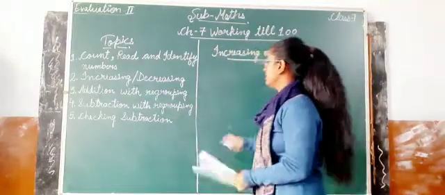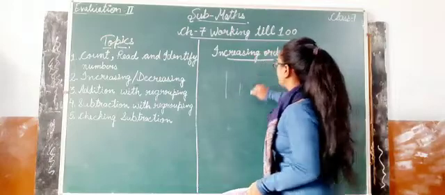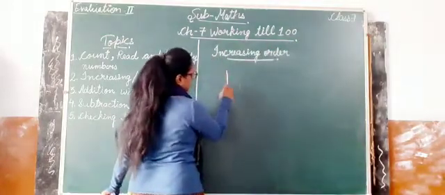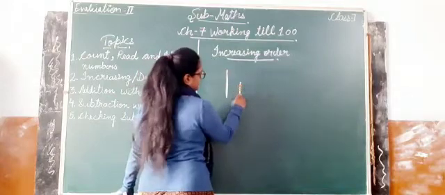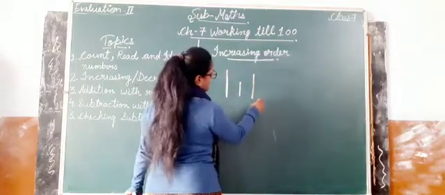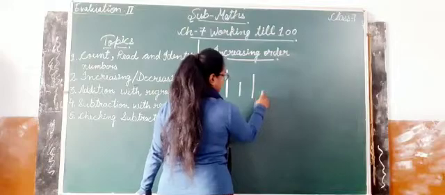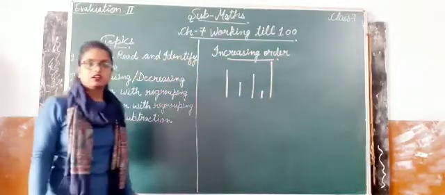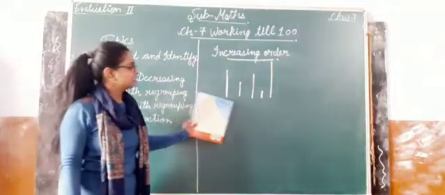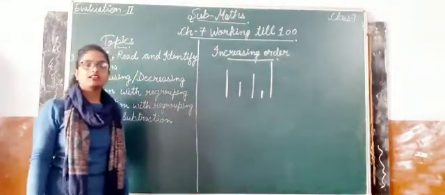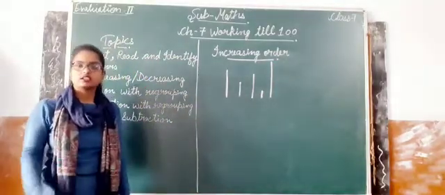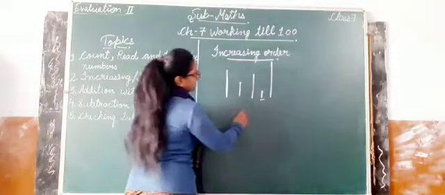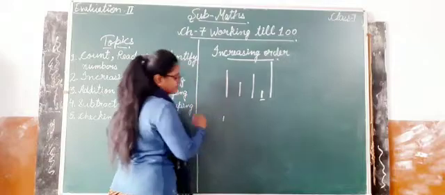For example, I have drawn some lines over here. Let me darken them so that you can see them. They are in different sizes. So if I tell you to arrange the lines in increasing order, what will you do? You will take the smallest line and draw that.